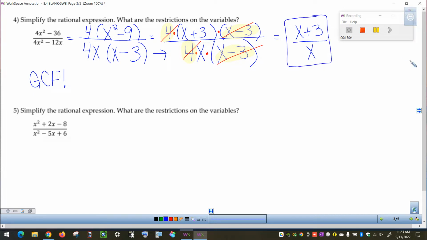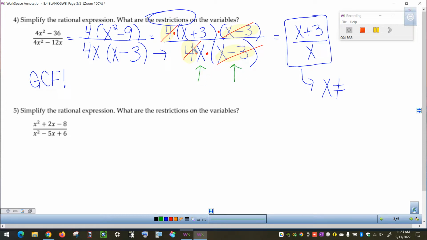Now remember here, because we have that plus sign on the top, you cannot cancel the x's in this answer. That's as far as we can go. We're just going to leave our answer as it is. Now throughout the day, we're still going to be continuing to do the restrictions, and so let's go ahead and make note of that here. We're going to go back to looking at our denominator before anything cancels. In this case, the restrictions that we're looking at are only based on the factors that involve an x.